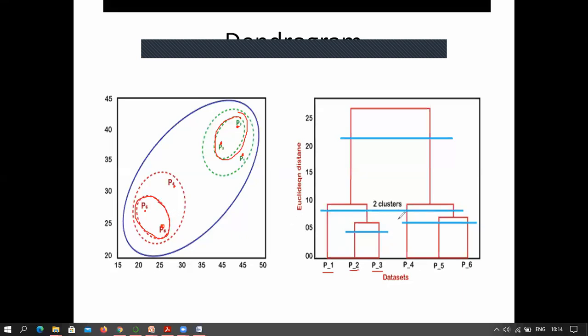After combining P2 and P3, the next step is to create a rectangle. This rectangle represents that we are combining these two data points or clusters, because initially we assume there are 6 clusters.